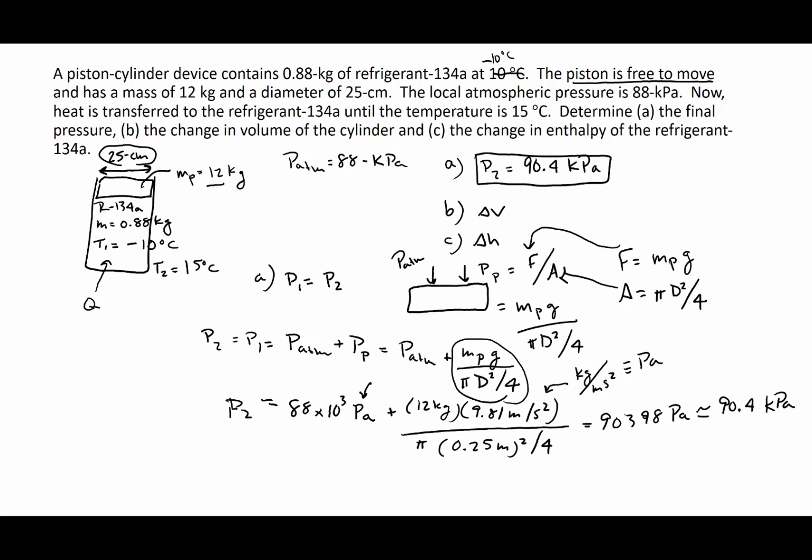Now we want to determine what the change in the volume of the cylinder is. So what we need to do, we now have a temperature and we have a pressure.